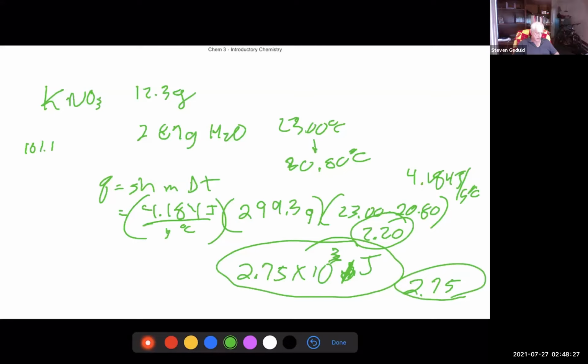No, that's right. It's got to be 2.75 because that's what you use to calculate the enthalpy too. If that was wrong, the other one would be wrong. There's no other way to do it, unless I hit my calculator wrong.